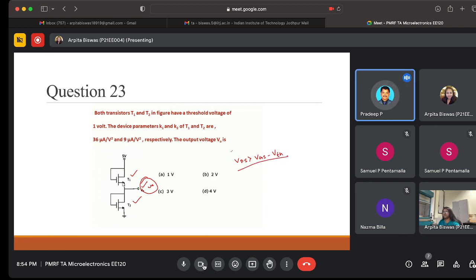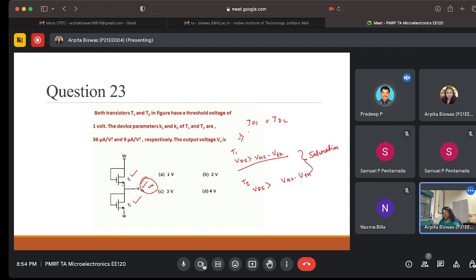Obviously, madam, diode connected loads. Yes, both are diode connected loads. And T2 is also satisfying this equation. So both transistors are in which mode? Saturation region. So ID1 equal to ID2.